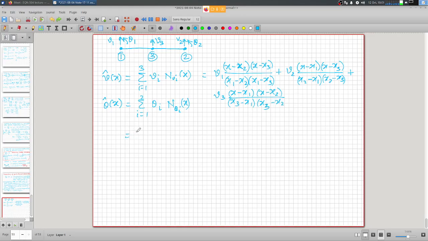And this one is going to be theta 1 (x minus x2) divided by (x1 minus x2) plus theta 2 (x minus x1) divided by (x2 minus x1), right?